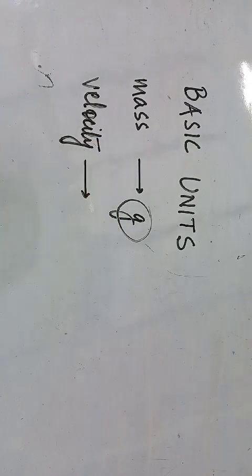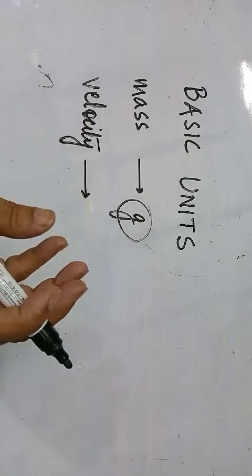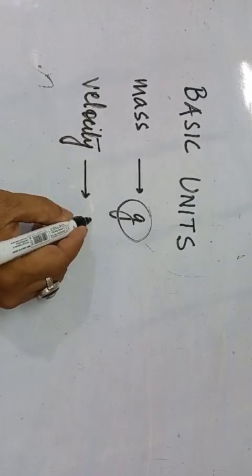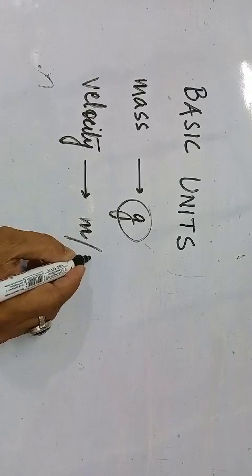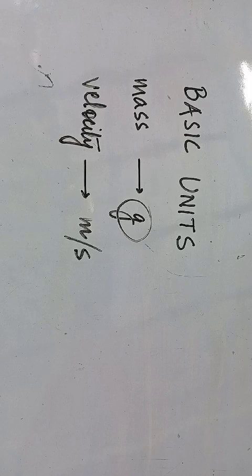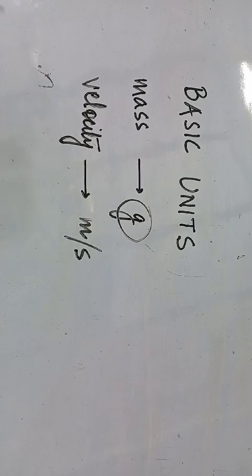Whereas velocity does not have its own unique unit. It has been taken from a unit of displacement, and it has been taken from the unit of time. Okay, so as we all know, meter per second is the unit of velocity.